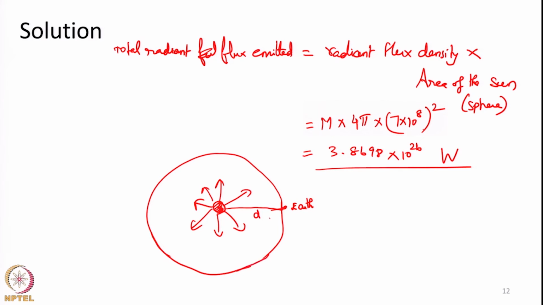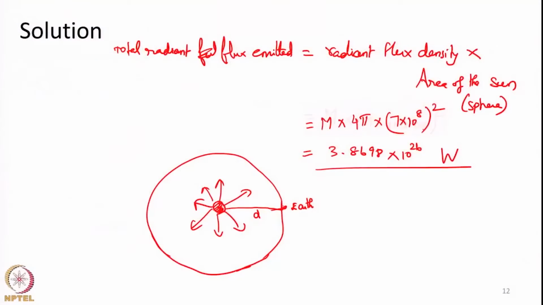I draw a sphere around it with radius d, and this power emitted by the sun is distributed equally over the entire sphere around it, because the sun is what we call an isotropic radiator, it uniformly radiates energy in all directions. So, if I put a huge sphere surrounding the sun with radius d, the distance between the earth and the sun, it will emit energy equally in all directions within that sphere.